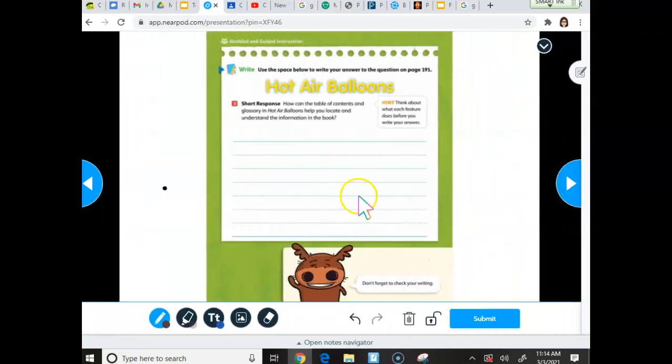All right, your next question said, how can the table of contents and glossary in hot air balloons help you locate and understand the information in the book? All right, so how does the table of contents help you?